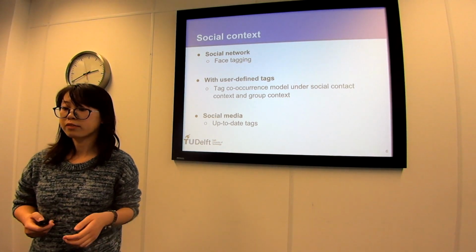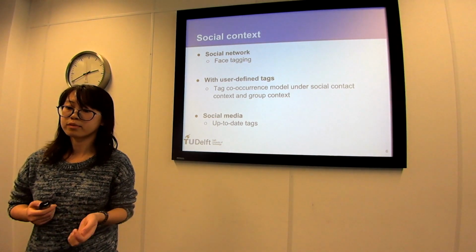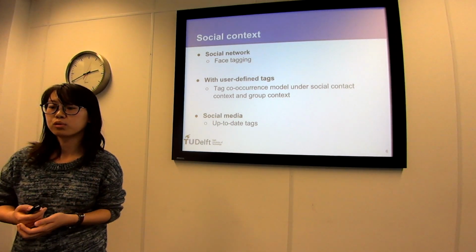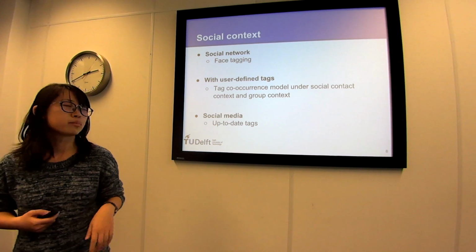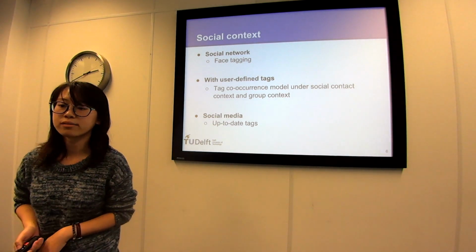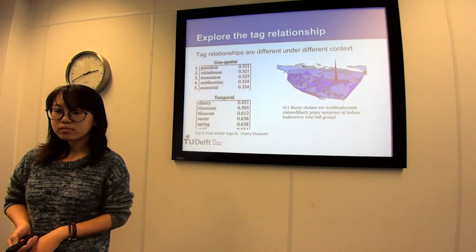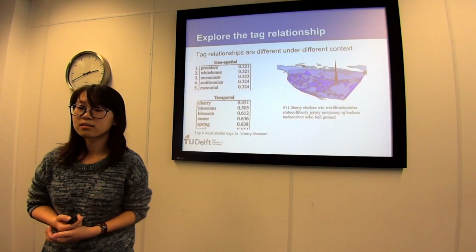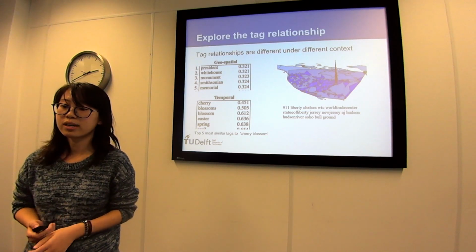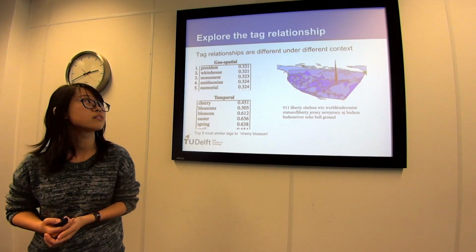By making use of social media platforms such as Twitter, we are able to provide users with tags that are related to events happening in real time. Given all this context, one important remark is that tag relationships are different under different contexts.